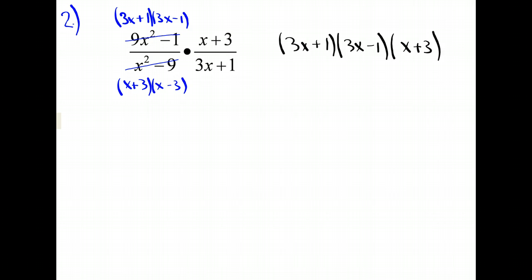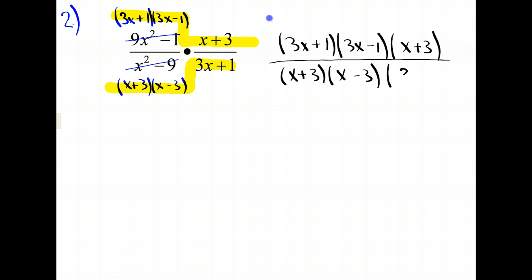Because when I multiply fractions, I multiply everything in the numerator times everything in the denominator. So my denominator, nice and cleaned up, is going to be x plus 3 times x minus 3 times a factor of 3x plus 1. And what you'll see here is that there's some common factors in the numerator and denominator.